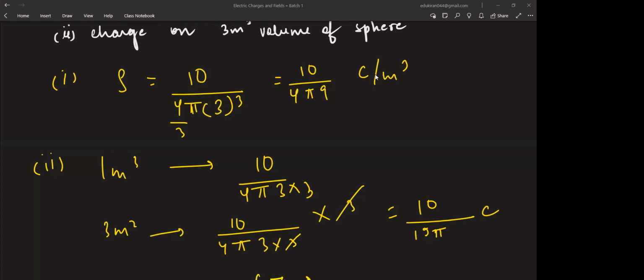Yes, ma'am. So this is coulomb per meter cube. It means in 1 meter cube, this much charge is present, right? So in 3 meter cubes, how much charge would be present? Just multiply it with 3. It's the unitary method that you're following, correct? Yes. All right. Thank you, ma'am.